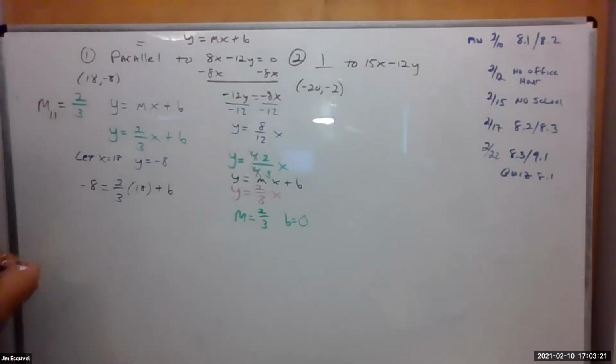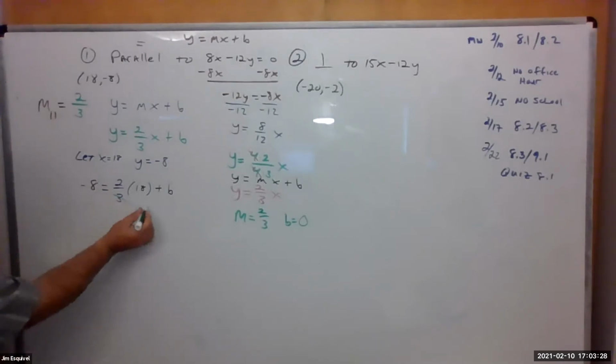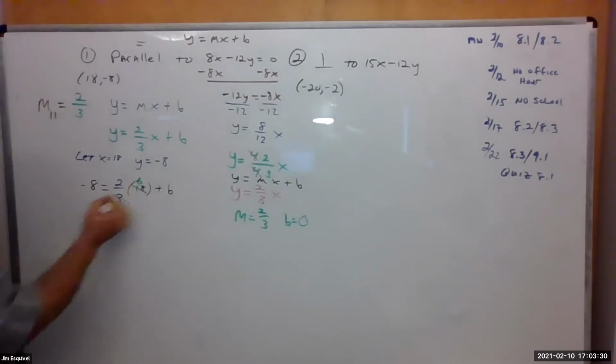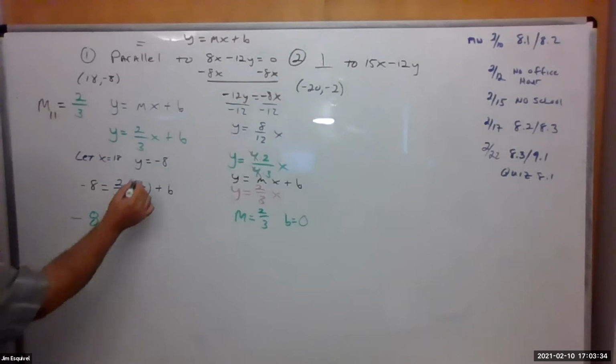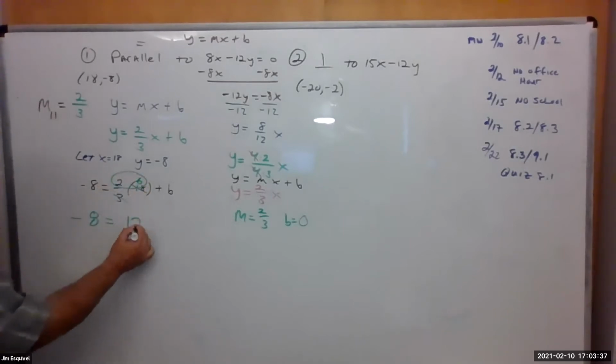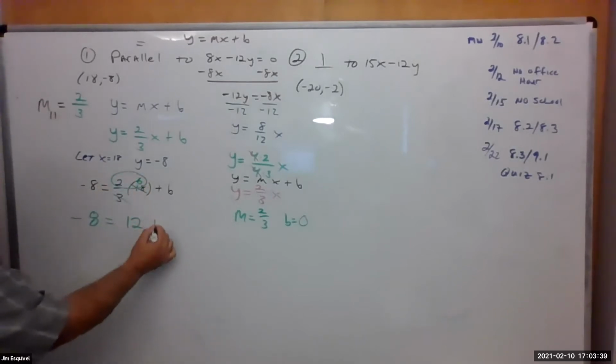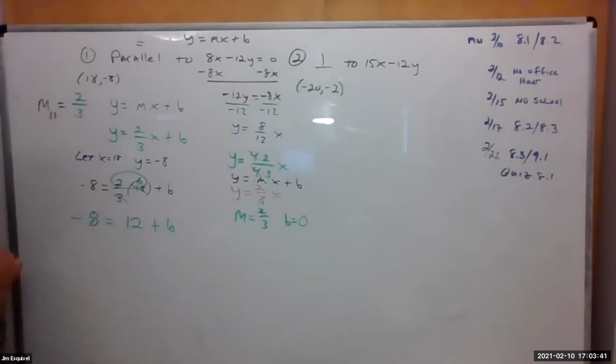So here we go. Let me see. Let's do 3 goes into 18 6 times. So -8 equals 2 times 6 is 12 plus b. You good? Yes.